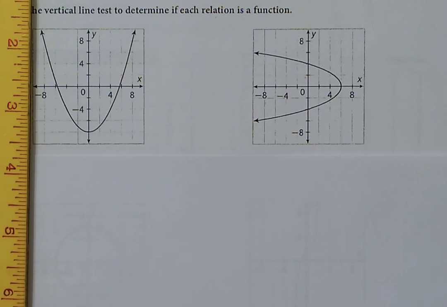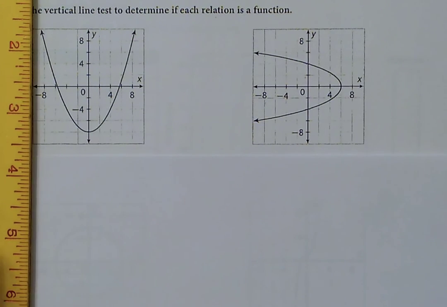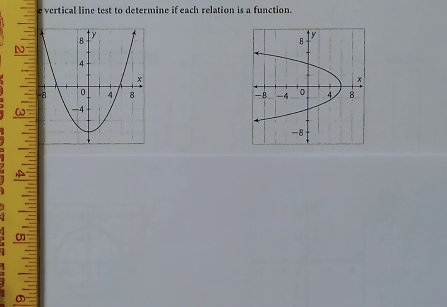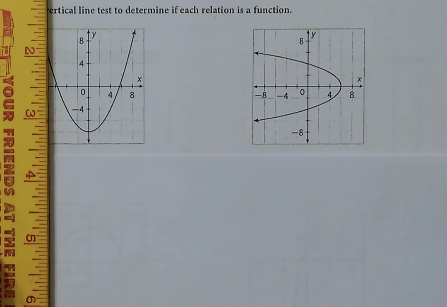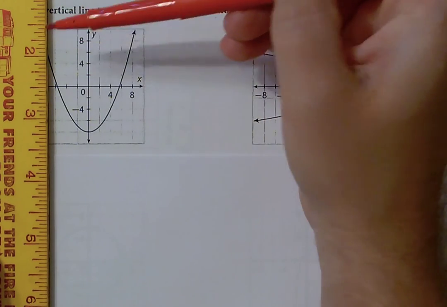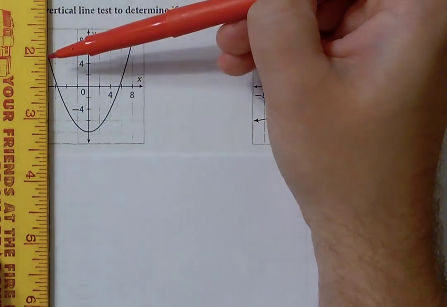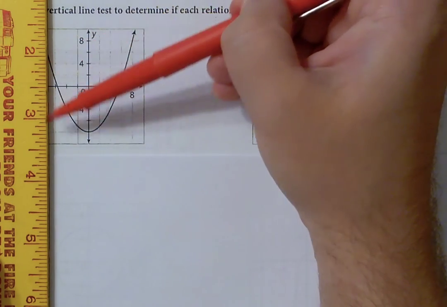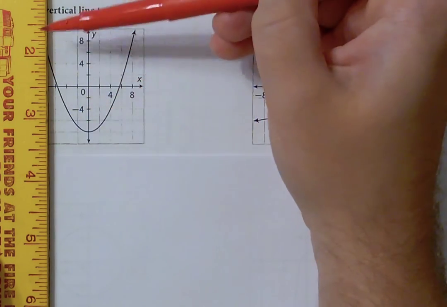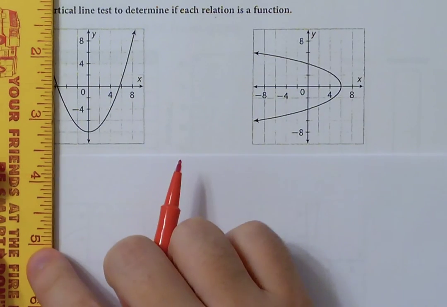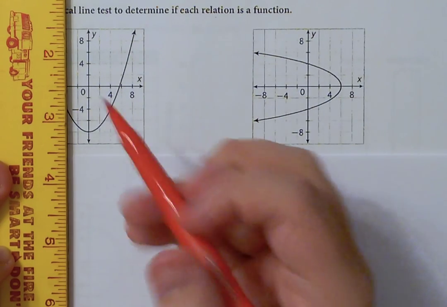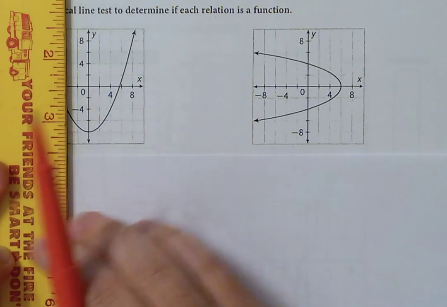All right, so if I move left to right on this, right now my graph is touching this point, but it's not touching any other point on my vertical line. As I keep moving across, it doesn't matter if the position it touches moves.